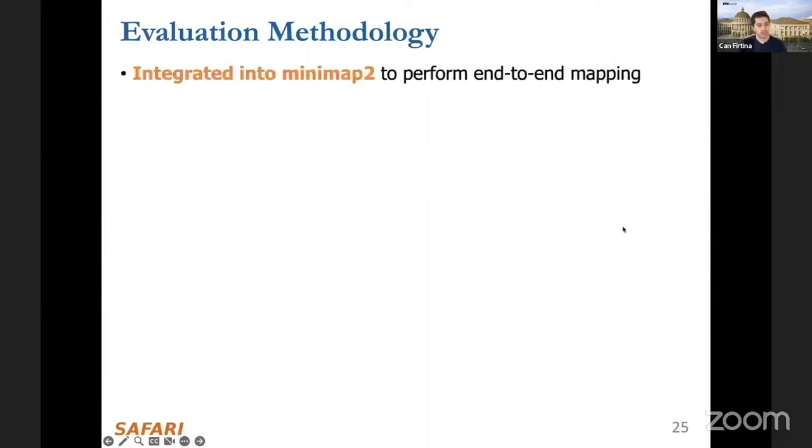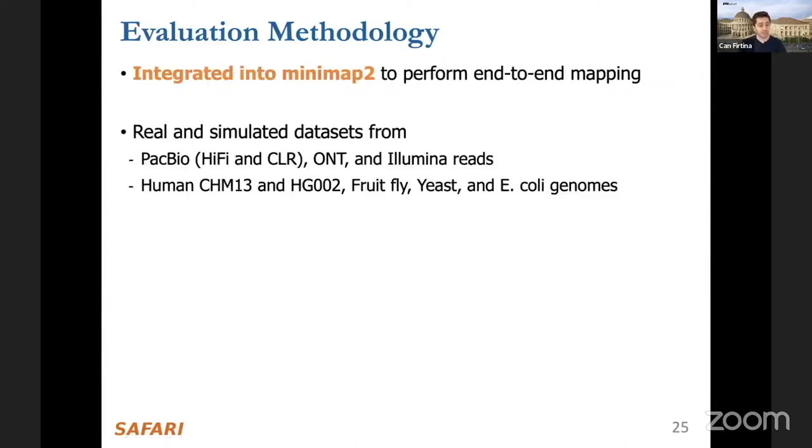We integrated BLEND into Minimap2 to perform end-to-end mapping. In our evaluation, we used real and simulated data sets from PacBio HiFi and CLR, which are accurate and less accurate reads, from Oxford Nanopore Technologies, and Illumina reads, which essentially provide short reads.